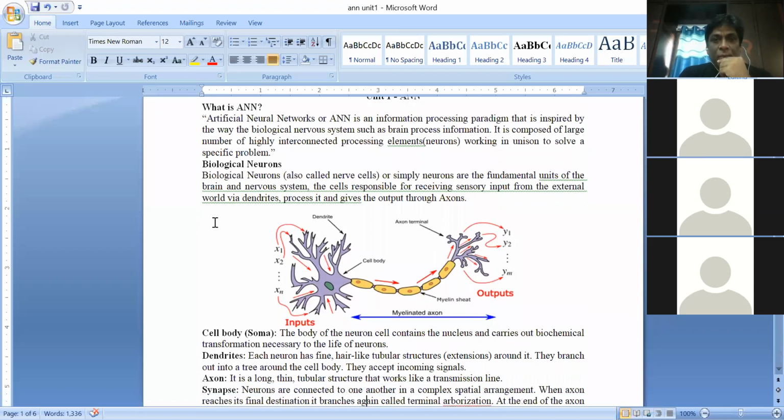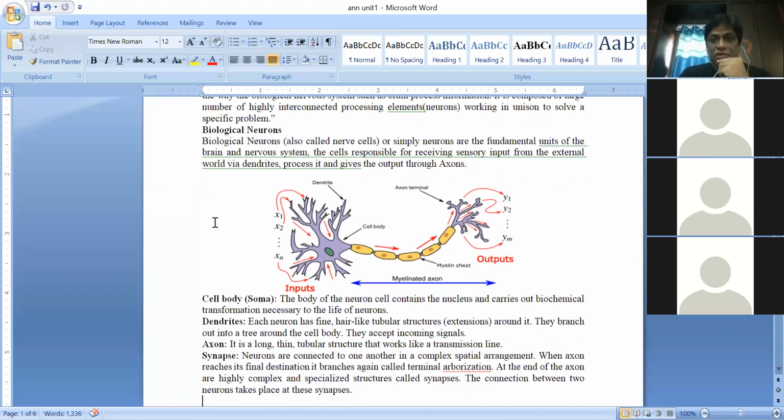And then, in how many ways neurons can be connected together, that means the architecture of a human brain, biological neuron, possible architectures. And then several types of activation functions which are used to produce outputs from a particular biological neuron. So for that, we'll begin with the biological neuron architecture.